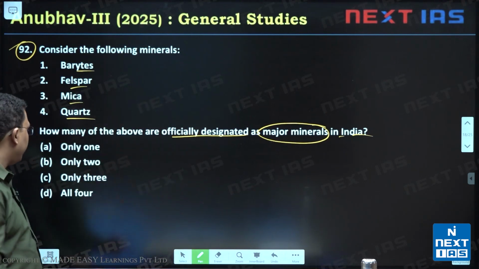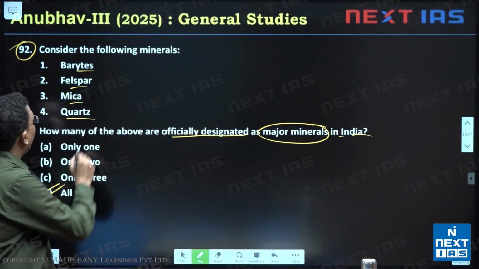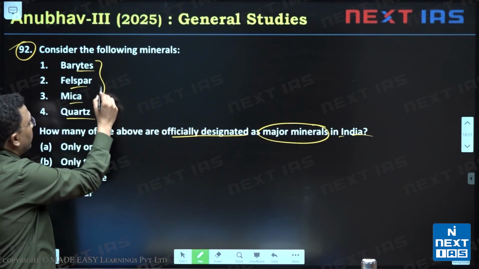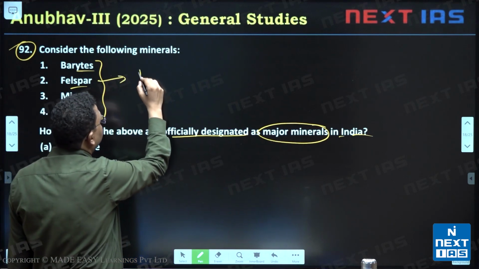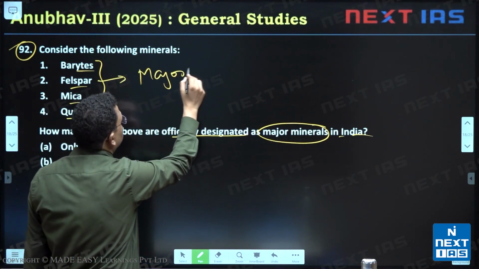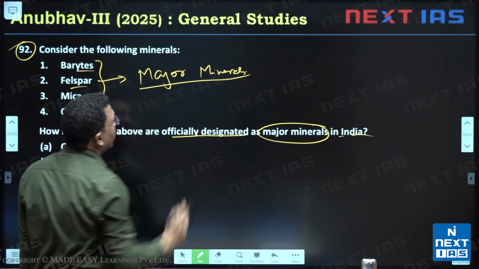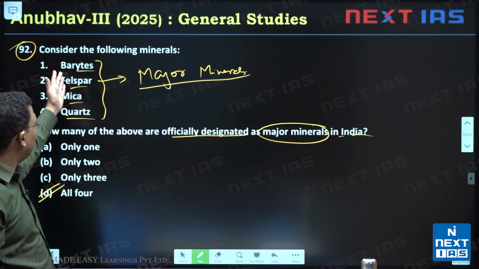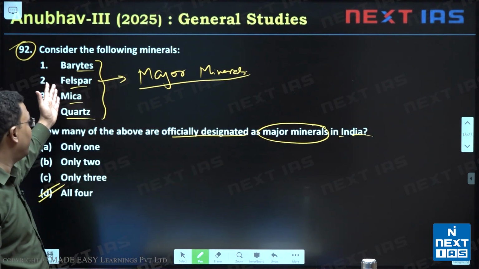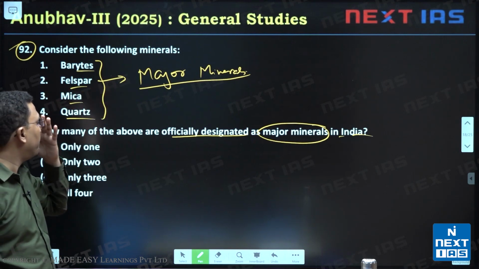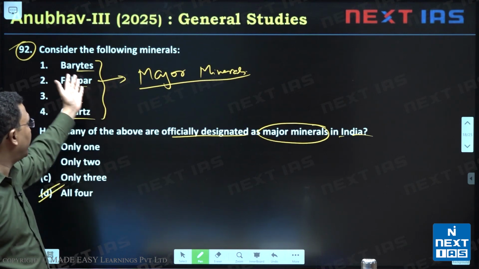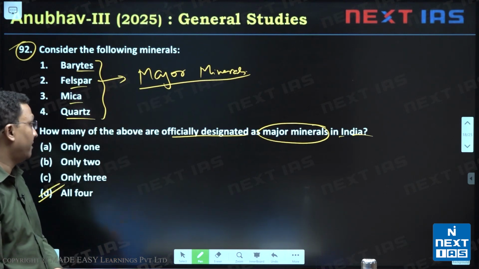So the correct answer here is all 4, right? All of them have been in fact recently categorized as major minerals. They all used to be minor minerals till now, and Ministry of Mines has recently categorized them as major minerals, right?